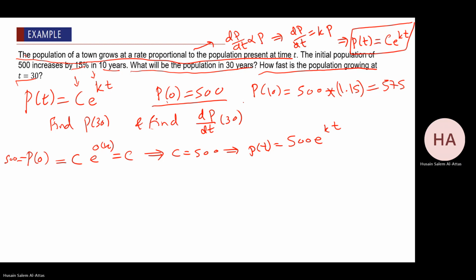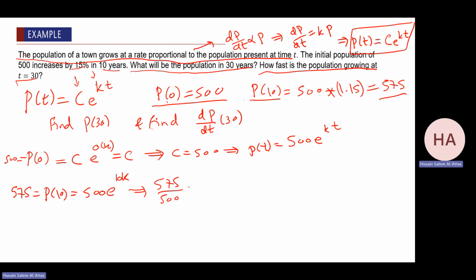Now I'll use this information: 575 is P at 10, so I have 500 e^(10k). Doing the calculation, 575 over 500 equals e to the power 10k.